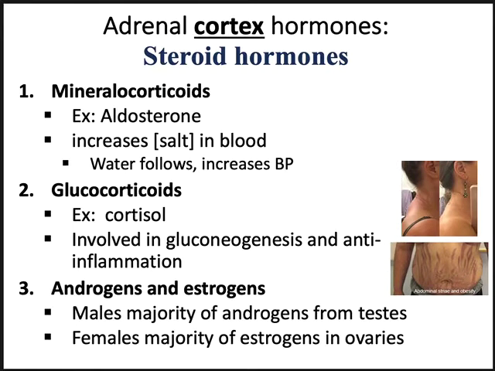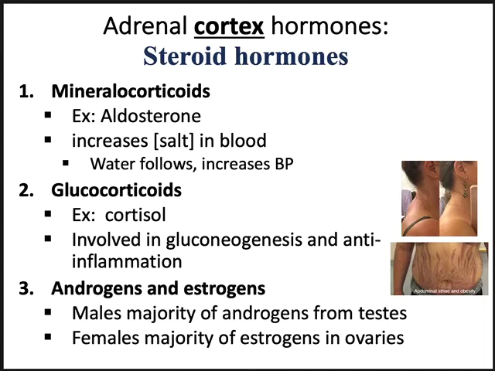Now, androgens and estrogens, I'm not going to spend too much time talking about. You're more familiar with these, but in males, the majority of their androgens will come from their testes, and for females, the majority of estrogens will come from the ovaries. But you do have some androgen and estrogen production in the adrenal cortex.